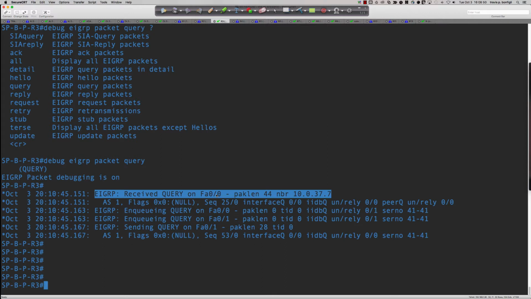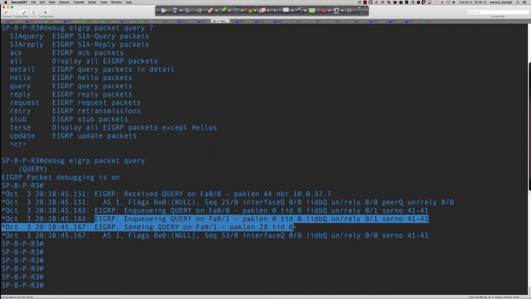So I'm querying you, my neighbor, because I'm distance vector. I can't see the state of all of the links that all of the nodes have, right? So I'm going to start asking people, do you know how to get there? I'm going to ask my neighbors, do you have another way to get there? And then take a look at what router 3 does. It enqueues a query on FastEthernet 0/1.